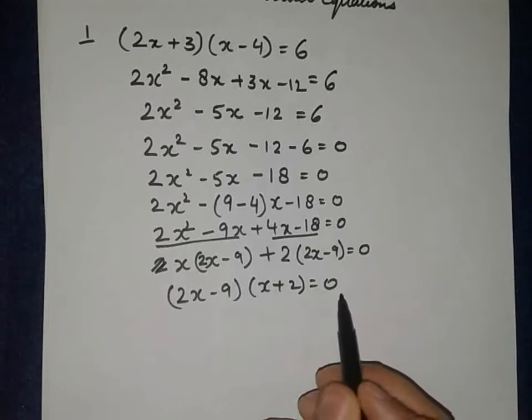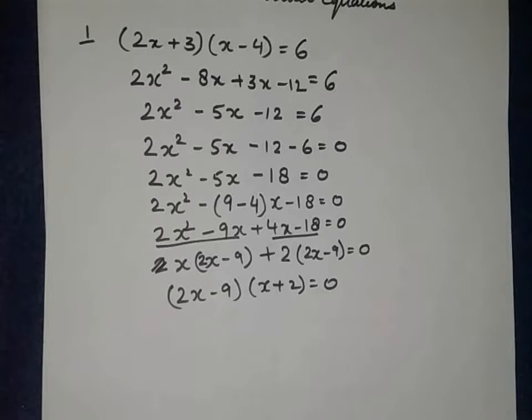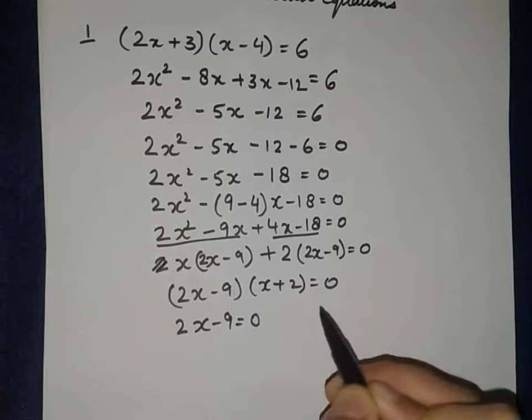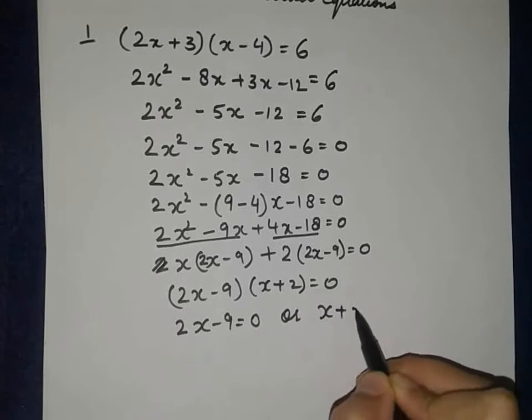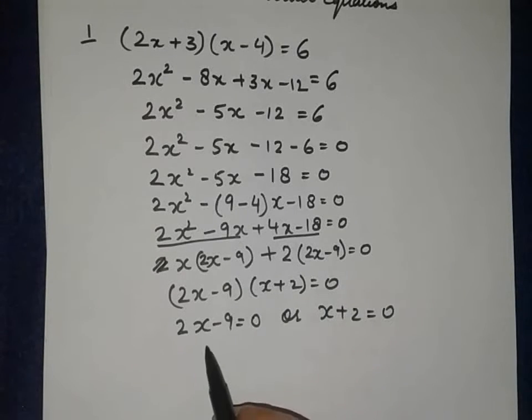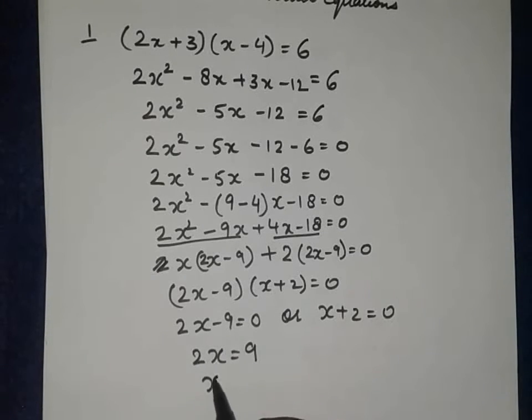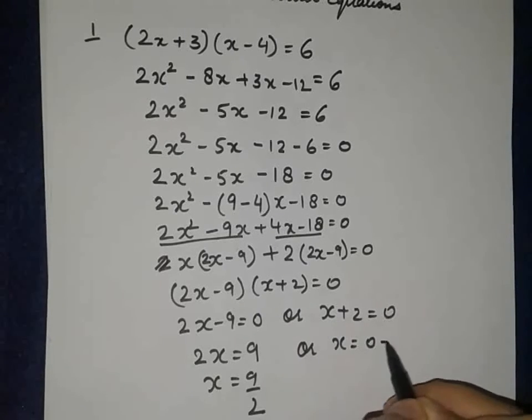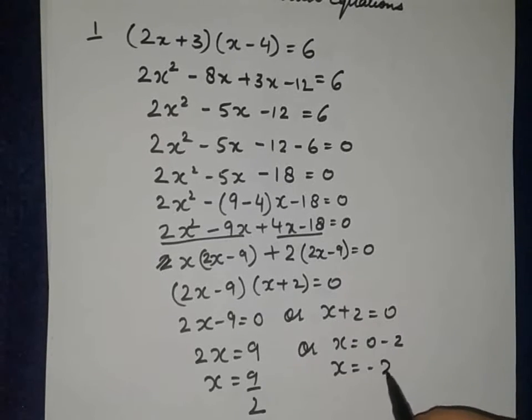Since two brackets multiply to 0, by the zero product rule either one of them should be equal to 0. So either 2x minus 9 is equal to 0 or x plus 2 is equal to 0. From 2x minus 9 is equal to 0, I get 2x is equal to 9, x is equal to 9 by 2. And from here x is equal to minus 2.